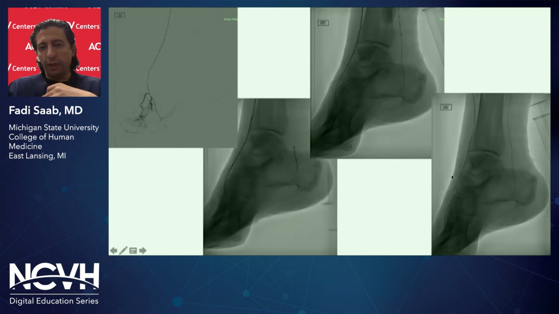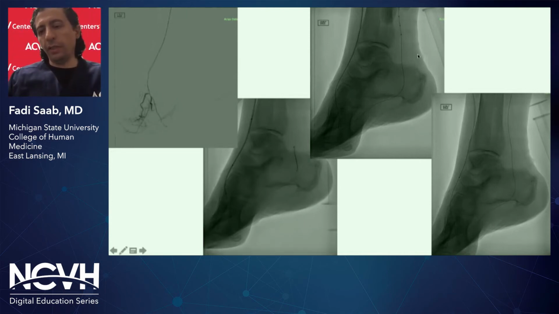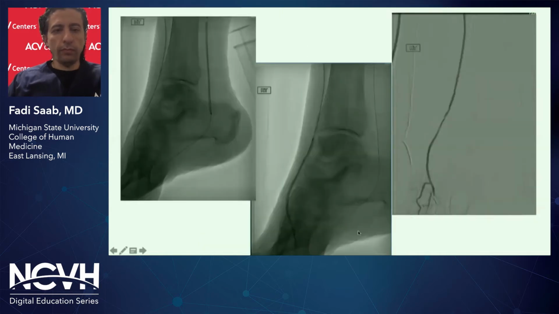And in this particular example here, I chose to deliver laser atherectomy followed by balloon angioplasty. So let's see what happens next. After we performed atherectomy of the posterior tibial artery, we proceeded with performing balloon angioplasty, as you can see here.